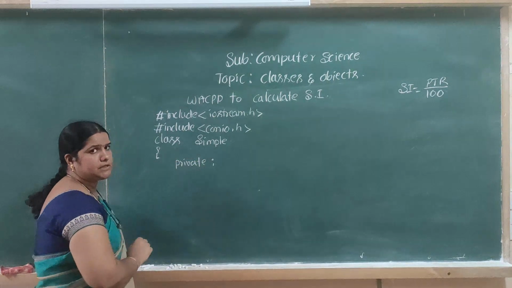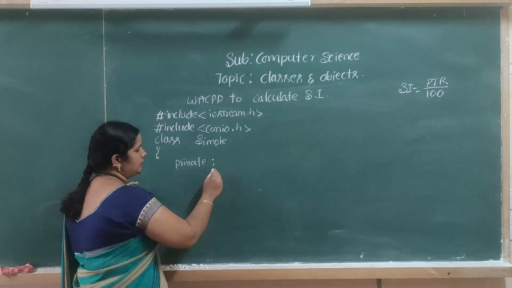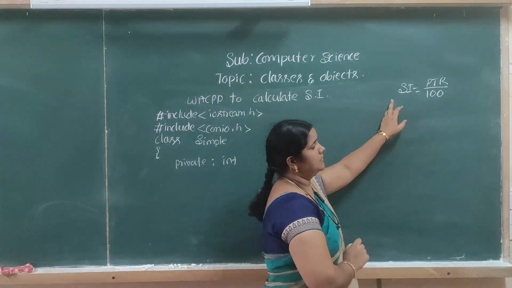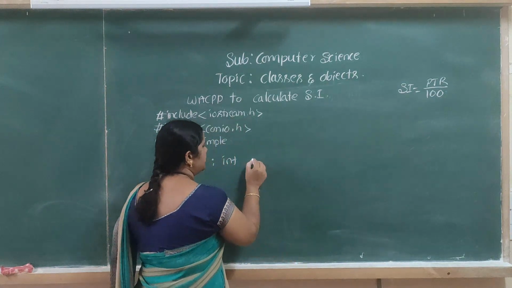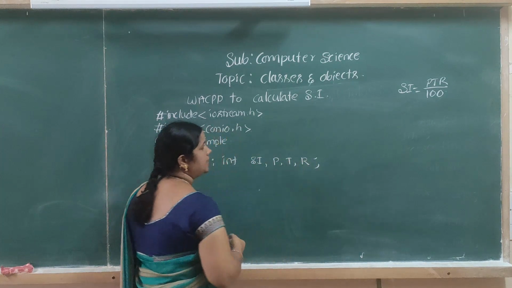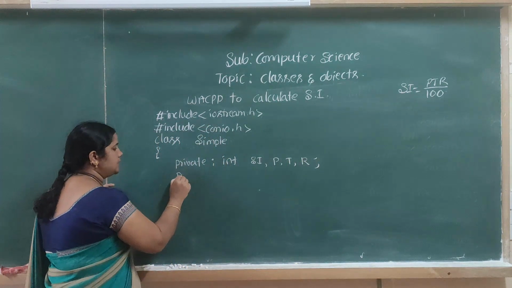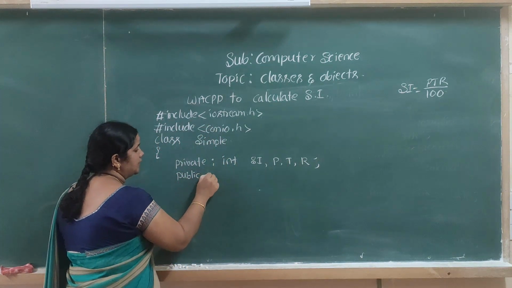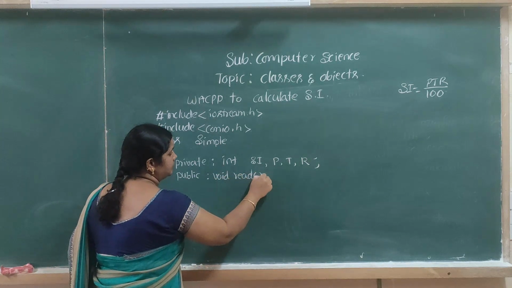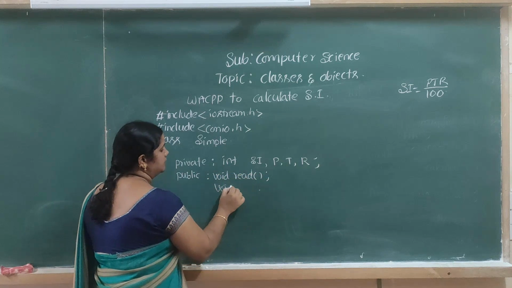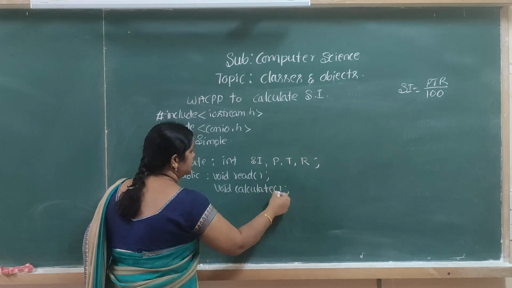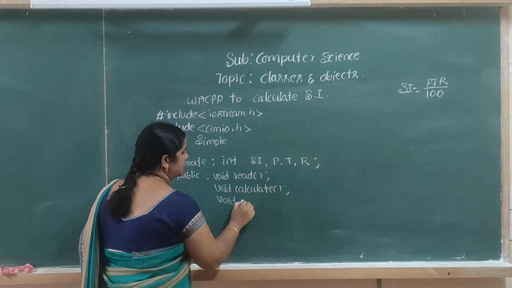In the private section we take the data type int, with the four data members SI, P, T, R. Again, it contains the public section: void read, void calculate, and next, void display.